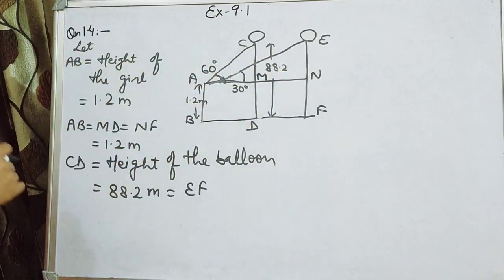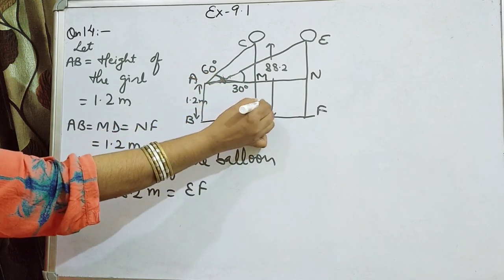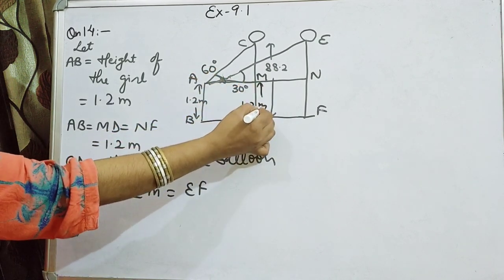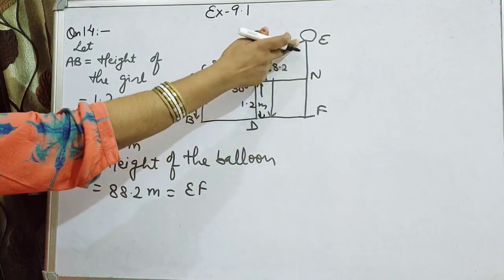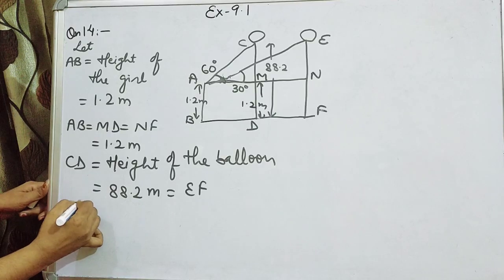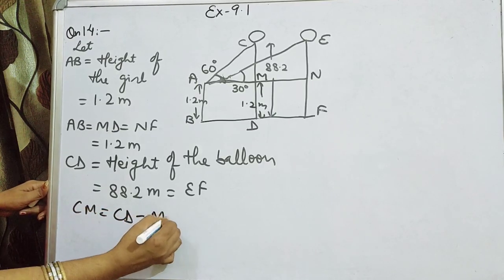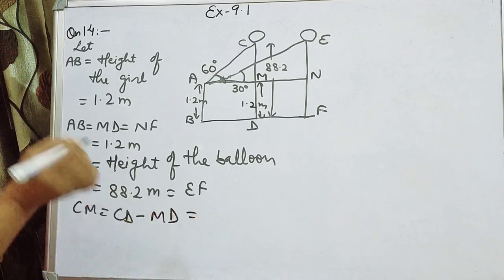Now we have to suppose this MN. So we have to take again here the two right triangles. Before taking that, I want to find out the length CM and EN, which are the same. So we can get CM as CD minus MD, because we know CD, we know MD.